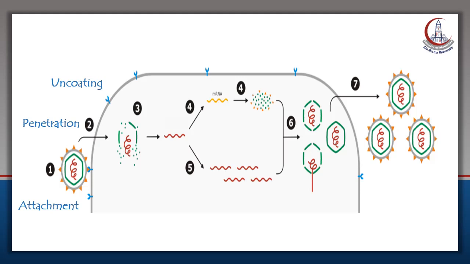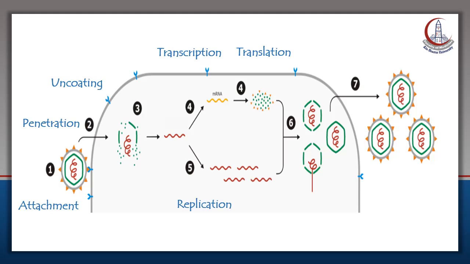Forming of the protein starts by transcription and formation of the messenger RNA and translation on the ribosomes. And formation of nucleic acids of the new viruses is via the replication of this genome.